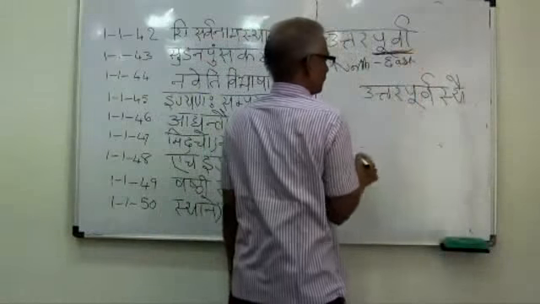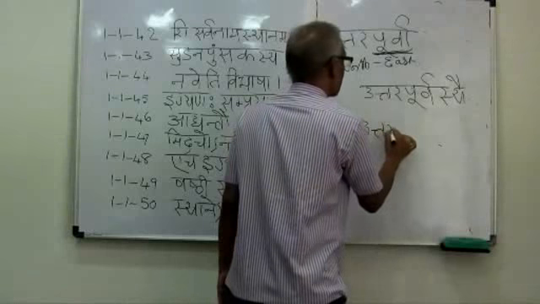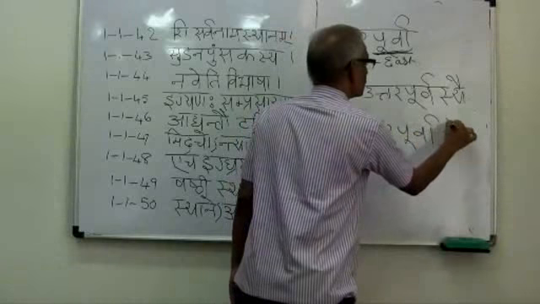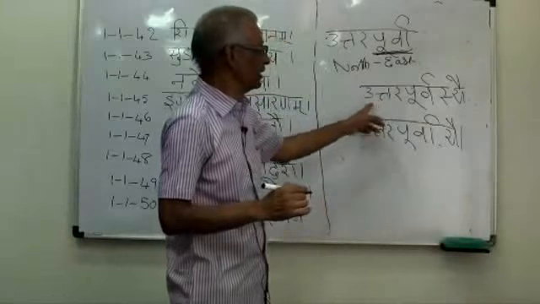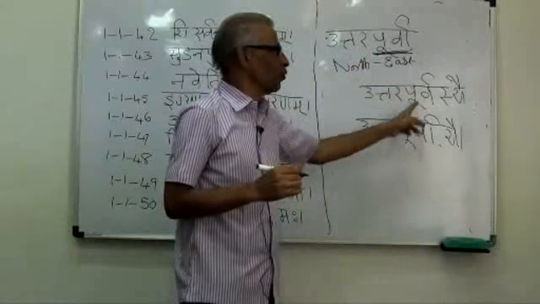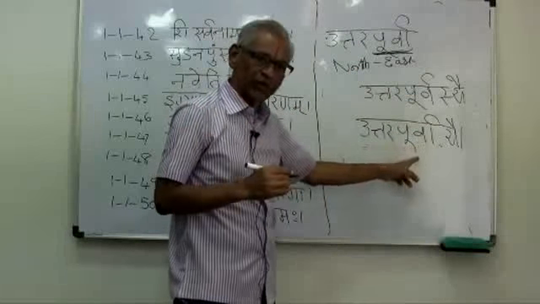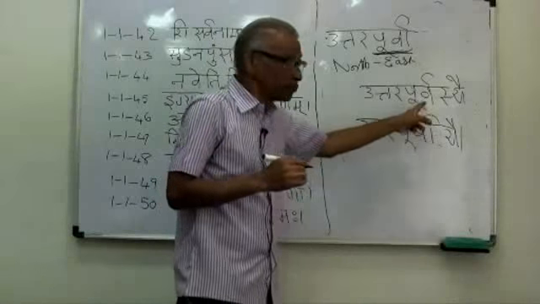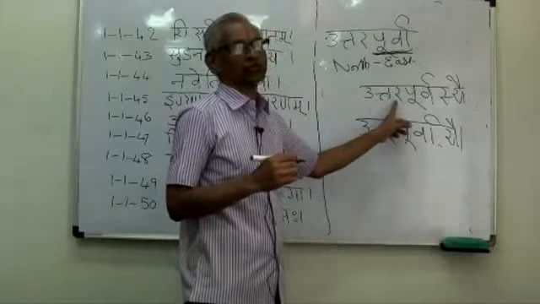If it is not Sarvanama, optionally, Uttara Purvayai. So in Chaturthi, this word Uttara Purva takes two forms. One form when Sarvanamatva is prohibited, this is Uttara Purvayai. When it is optionally allowed, Uttara Purvasyai. This is prohibition and this is option.